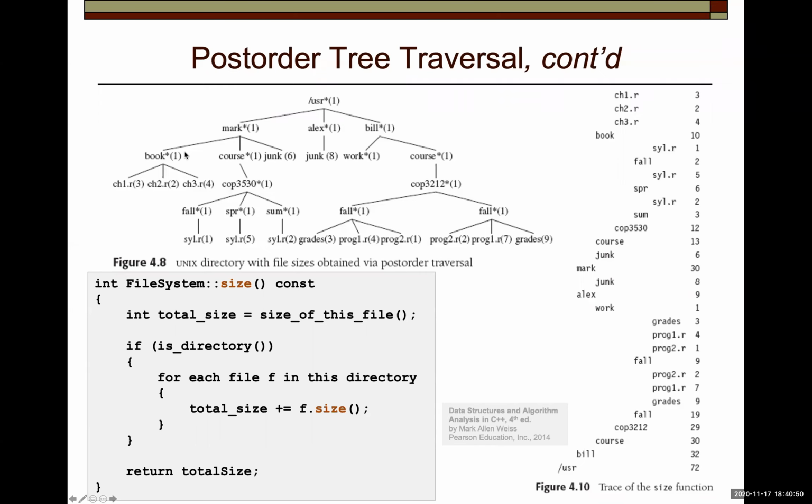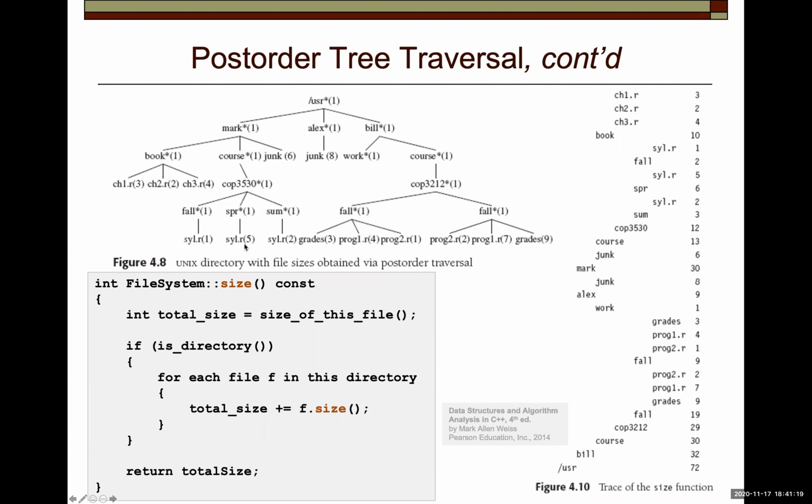Now we're done with book, and we go down and work on this path again. Visit the children, visit the children, visit the children, and so we finally get the size of this one is 1. Then that 1 is added to the size of directory, so now fall has to be 2.